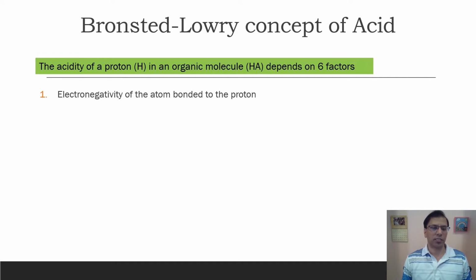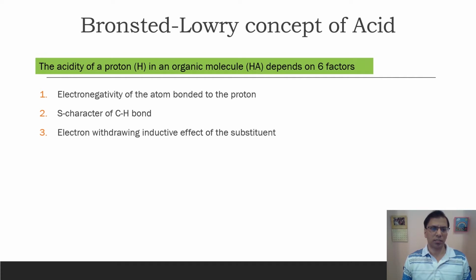The first factor is the electronegativity of the atom bonded to the proton. The second factor is the s character of the C-H bond. Electron withdrawing inductive effect of the substituent also plays an important role in the acidity of the proton. The size of the atom attached to the proton is important.